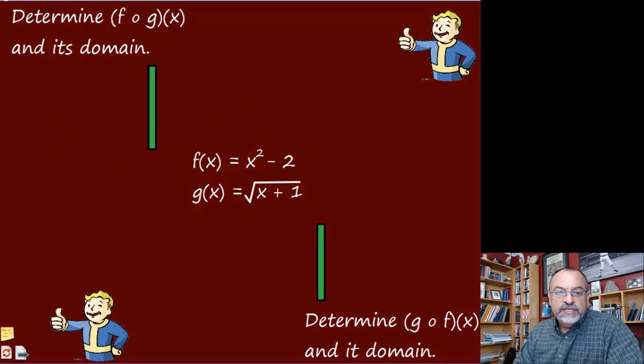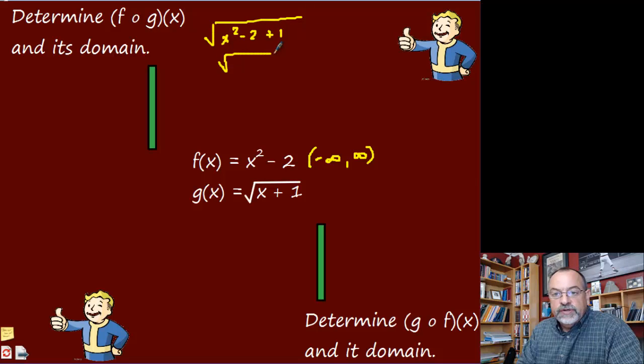So then let's take these same two functions and this time compose f with g. Again, the original function f is going to have no restrictions on its domain, so we'll consider that when we get our new function. So we're going to put the f function into the g function, so we're going to have the square root of the f function, x squared minus 2, plus 1, which is going to give me x squared minus 1.